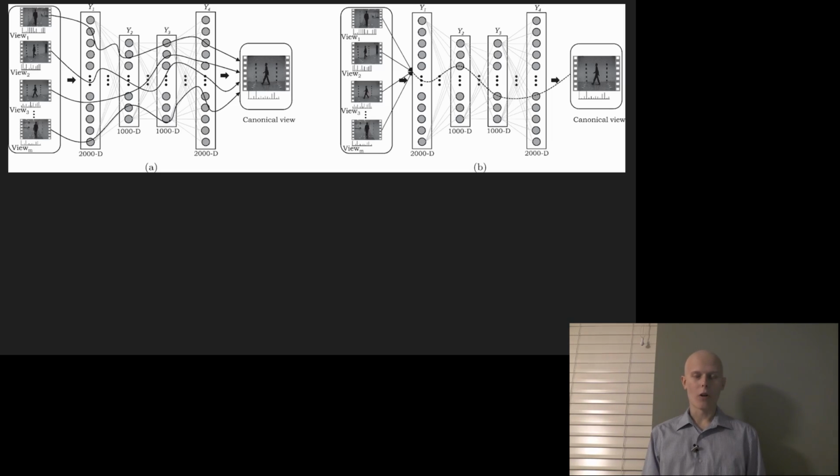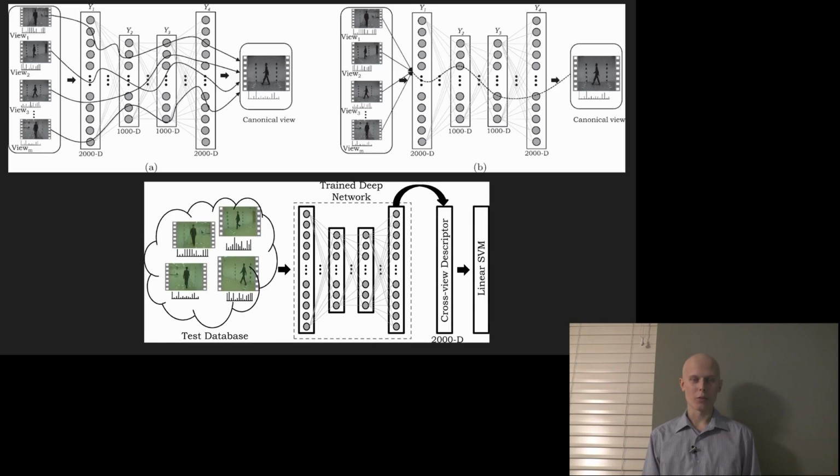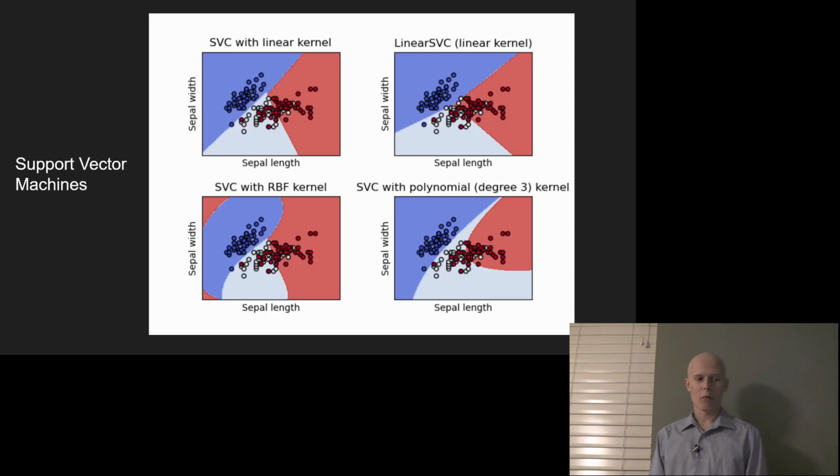Rather than using a raw neural network, the researchers used a neural network and then a support vector machine. The first neural network encoded it into a canonical view, and then using this canonical view, it could then compare each one using a support vector machine. The problem with using a support vector machine is that support vector machines classify. They create hyperplanes to segment the data in order to classify them into different groups.